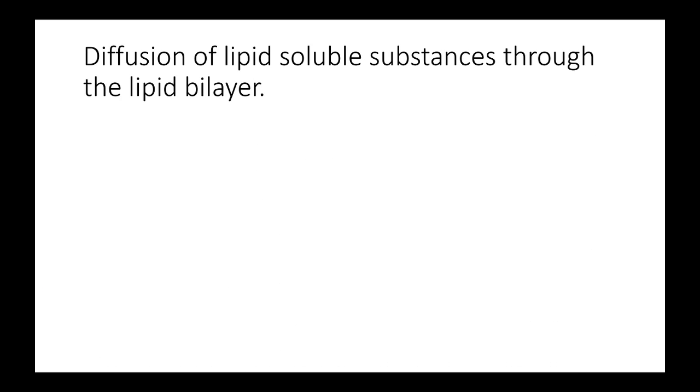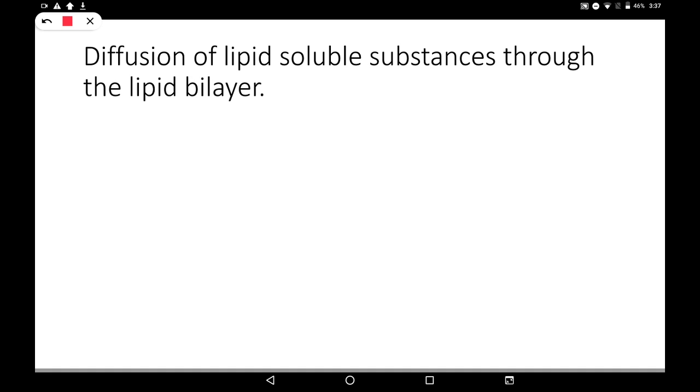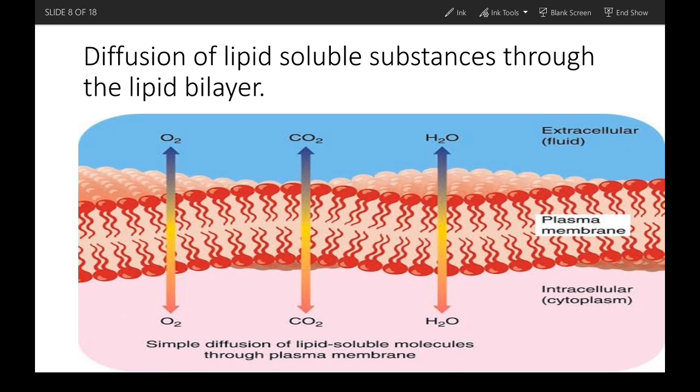Now, diffusion of lipid soluble substances through the lipid bilayer. It is important to know that an important factor that determines how rapidly a substance diffuses through the lipid bilayer is the lipid solubility of the substance.